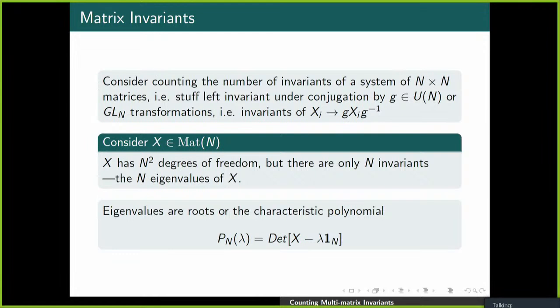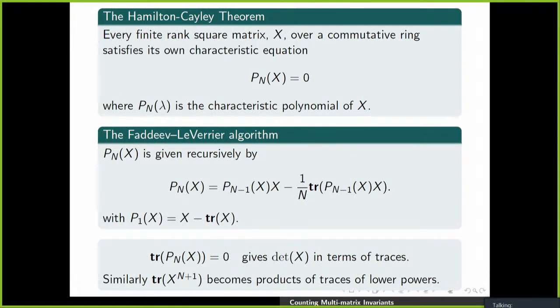The eigenvalues are the roots of the characteristic polynomial, P_n, which is the determinant of x minus lambda times the identity. And we know from the Cayley-Hamilton theorem that every finite rank square matrix satisfies its own characteristic polynomial, P_n(x) = 0, where P_n is the characteristic polynomial.